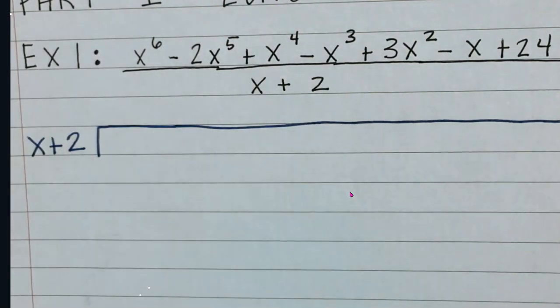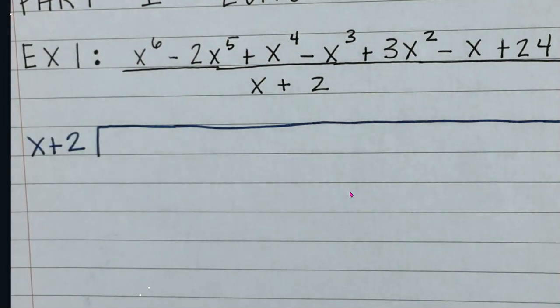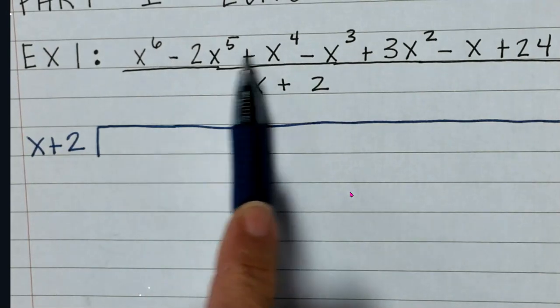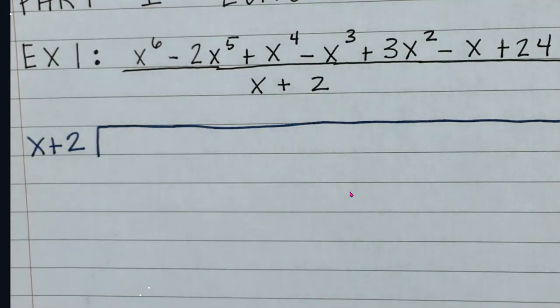So, as I'm writing, I'm not even writing this yet until I know all the degrees are represented. This is to the 6th. Do I have a 5th? Yes. 4th? Yes. 3rd? Yep. 2nd? Yep. 1st? Yep. Okay, now I'm going to copy that exactly how it is right here.